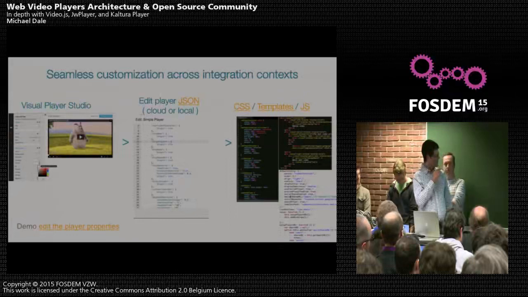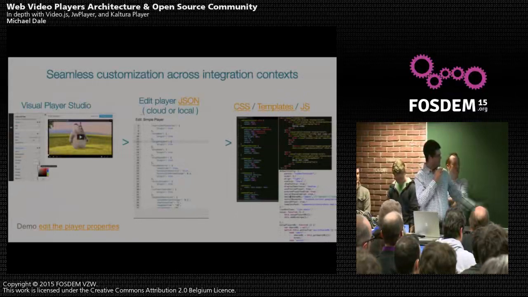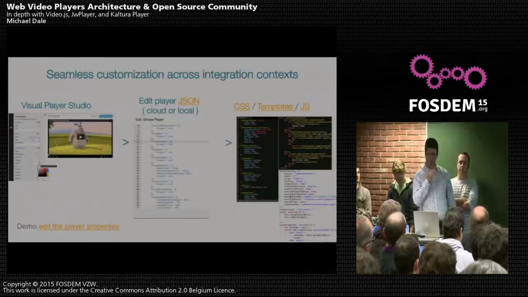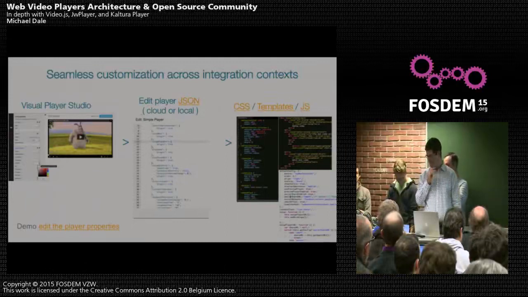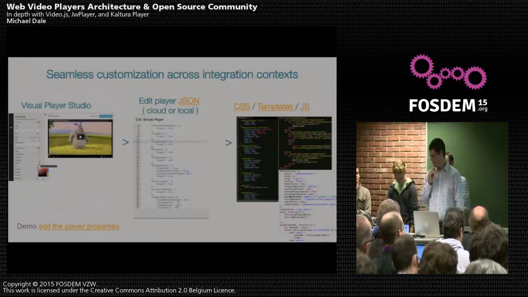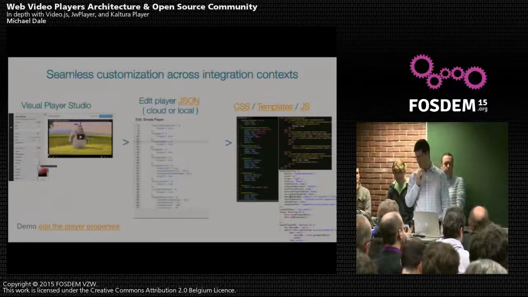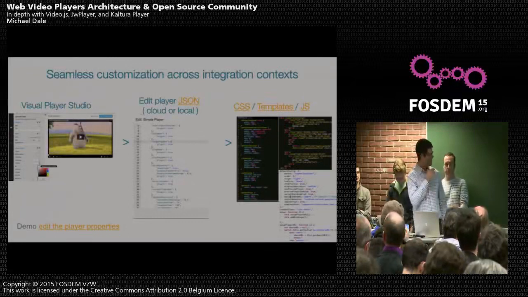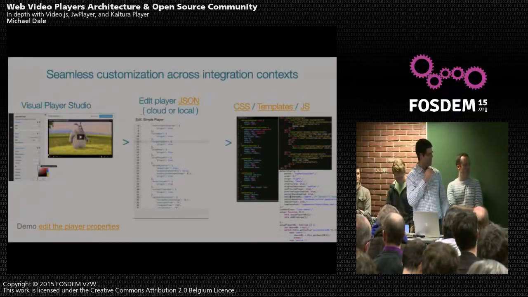This is part of the player package. It's all turned into a JSON file that tells us which plugins we should turn on for this specific player. Each plugin also has its own JavaScript for the logic, templates for HTML if it's a visible plugin, and the CSS of course for the look and feel.